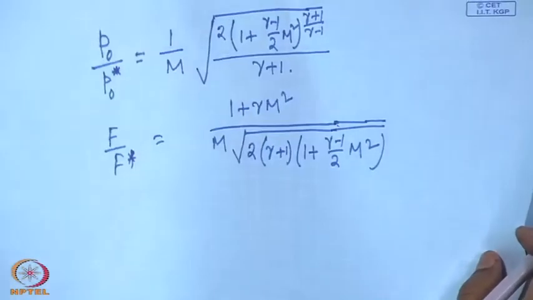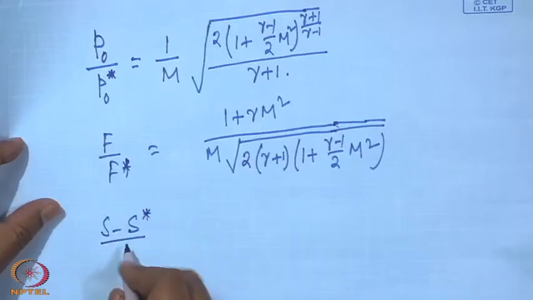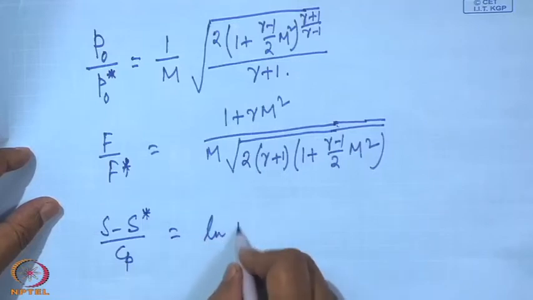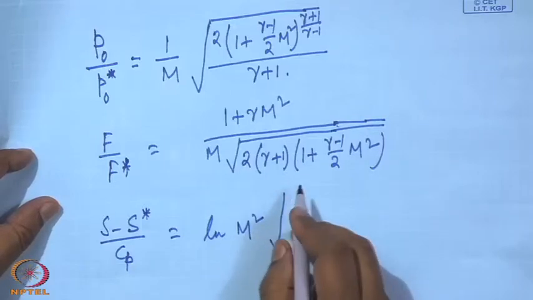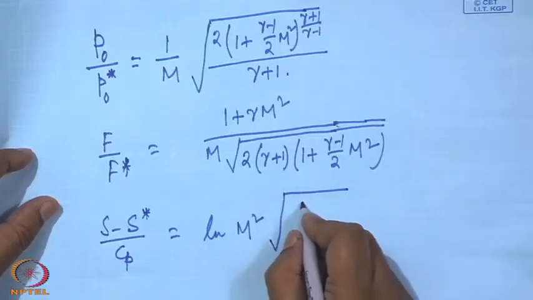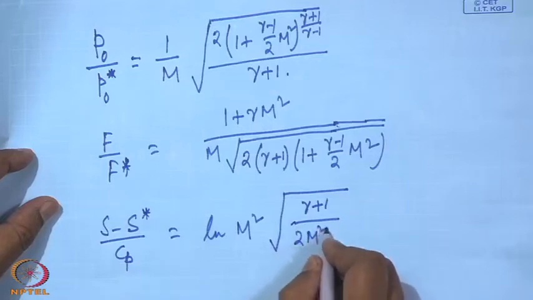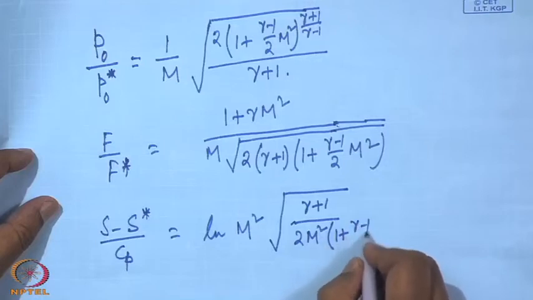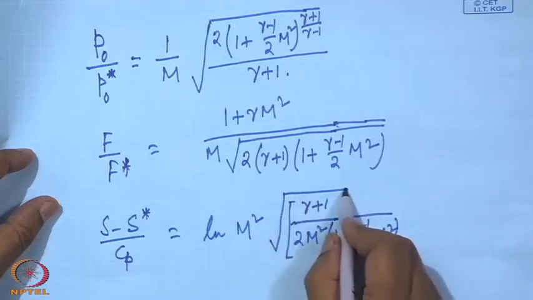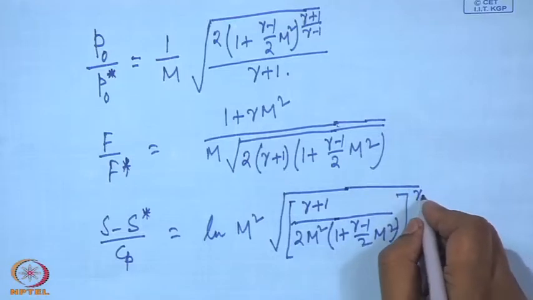And for the entropy, the maximum entropy is two m square into 1 plus gamma minus 1 by 2 m square, whole to the power gamma minus 1 by gamma.